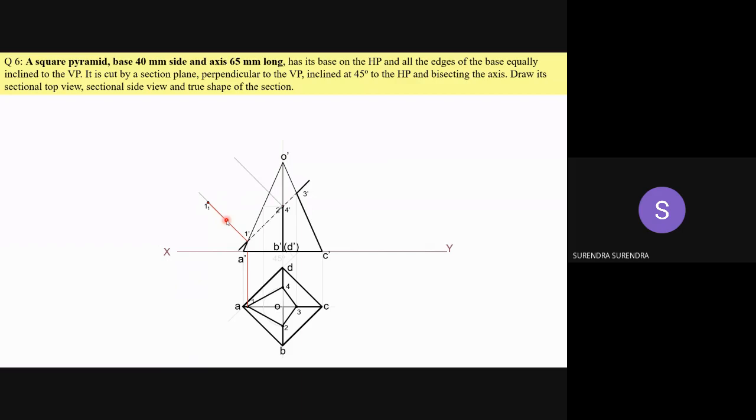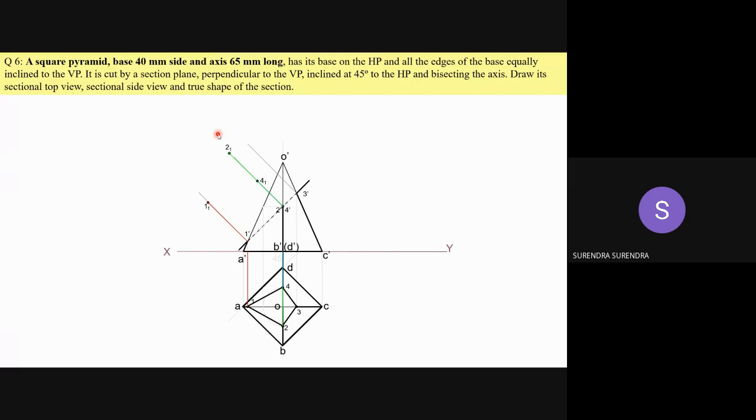Similarly, draw the perpendicular line from 2. Measure the distance from XY line to 2 and 4 with these respective points. First 4 and then 2. So here the 2 points are on the same line, 2 and 4. The 4 distance is represented by blue color line, 2 is represented with green color. Now draw a perpendicular line from 3.